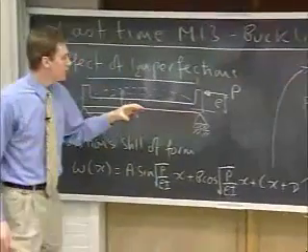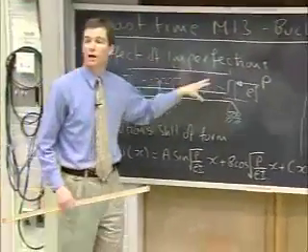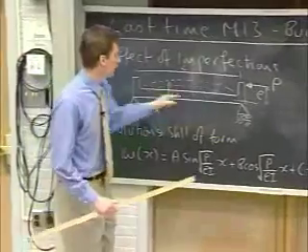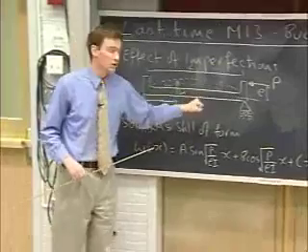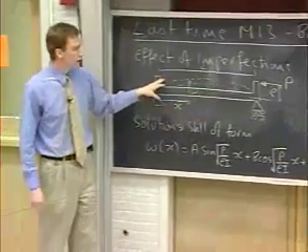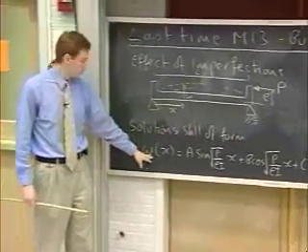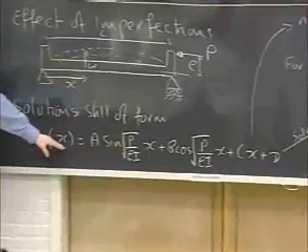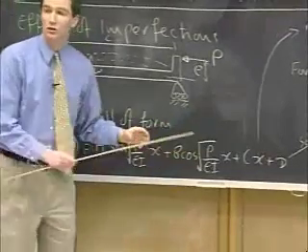We can understand this, and last time particularly we looked at the effects of imperfections on that behavior, and there's no such thing as a perfect column, a perfectly straight, perfectly axially loaded column. So this is the general case, where we found that just as for a perfectly straight column, the governing equation gives the lateral deflection, W as a function of x, as this combination of sine and cosine and linear and constant terms.